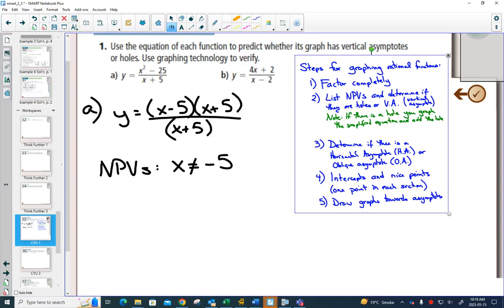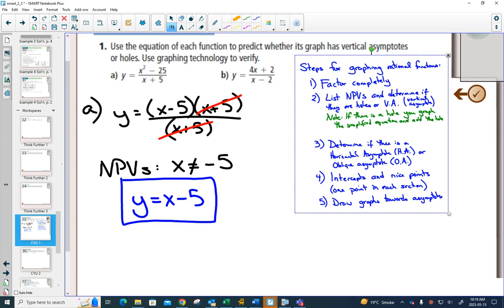So we look after it's factored. Sure enough, we have 2 factors that are identical. That gives us, once it's simplified, a new equation, which I'm going to write here in blue. And since the non-permissible value has simplified and gone away, we have a hole at x equals -5.